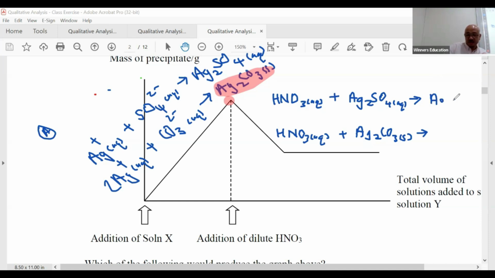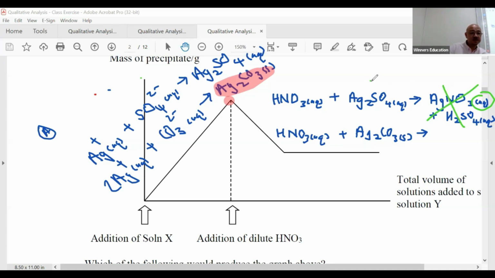Let me check it out. We interchange the partners, so I become silver nitrate, and here I become sulfuric acid. Is this an ionic precipitation reaction? No, because for ionic precipitation I need someone to get married. This salt didn't get married. So this reaction doesn't occur.